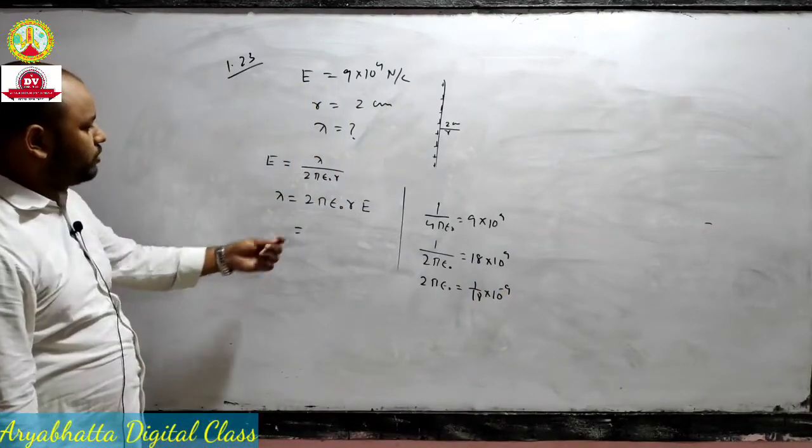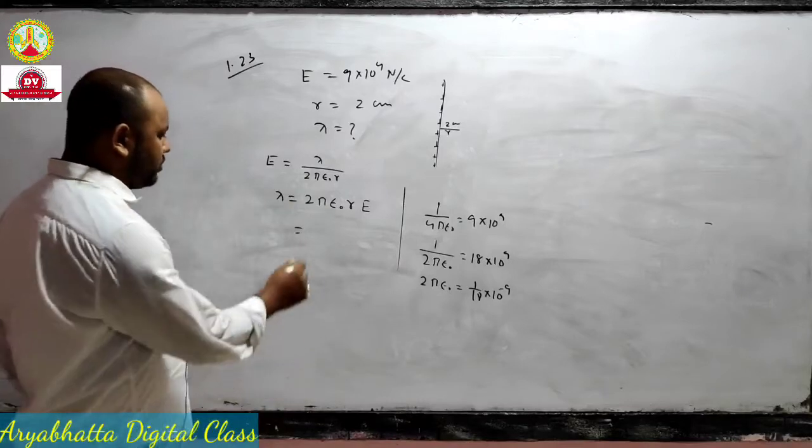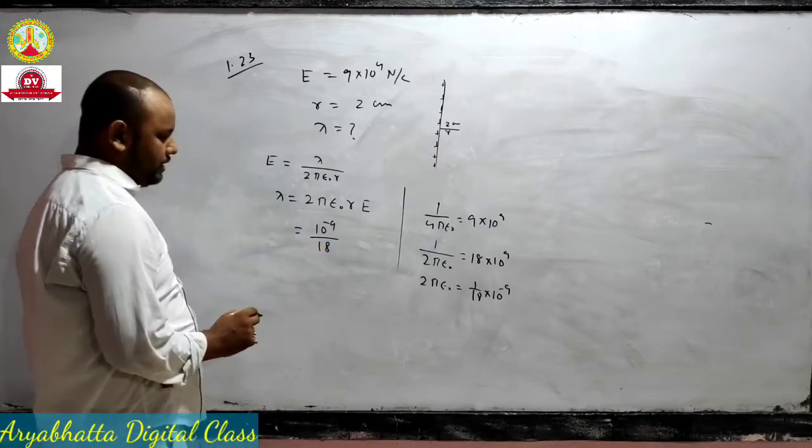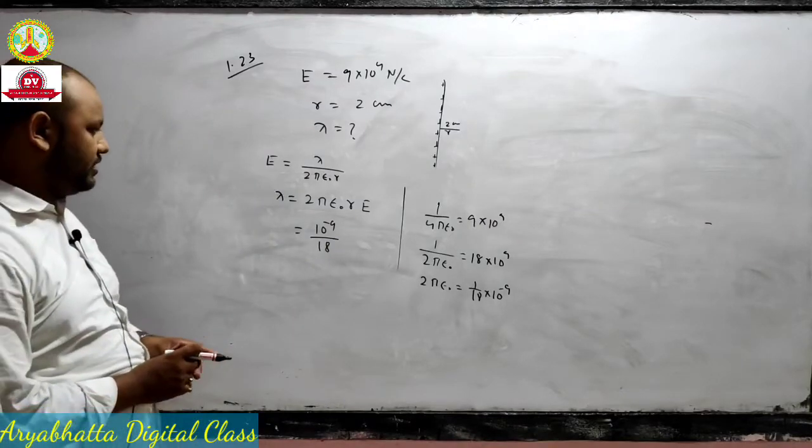So in place of twice pi epsilon naught, we can write 10 to the power minus 9 divided by 18.